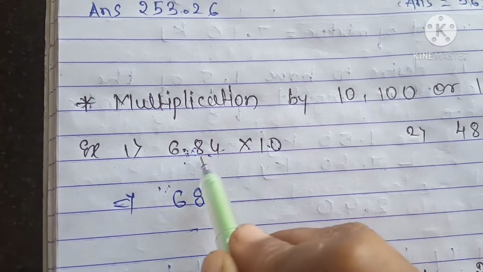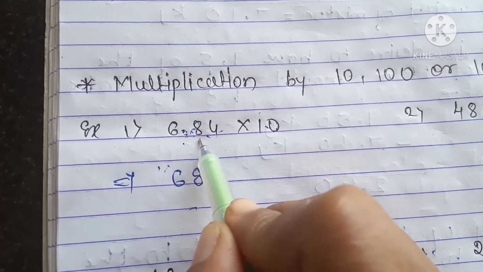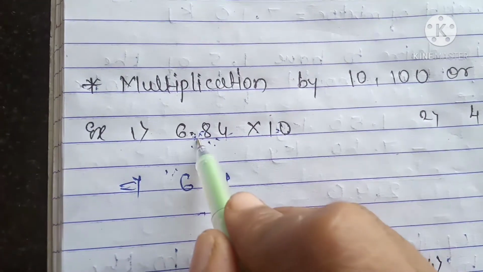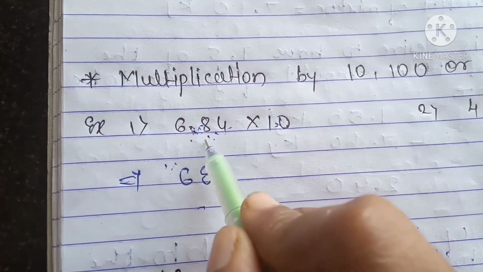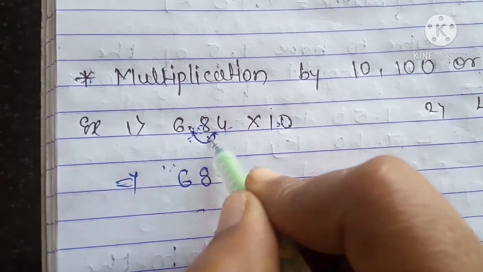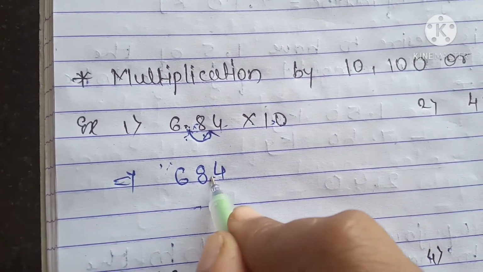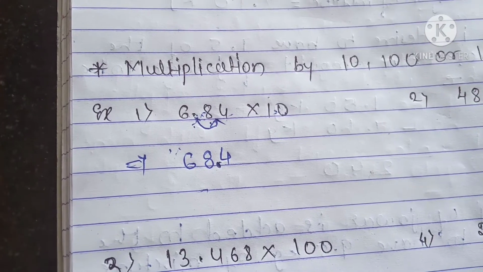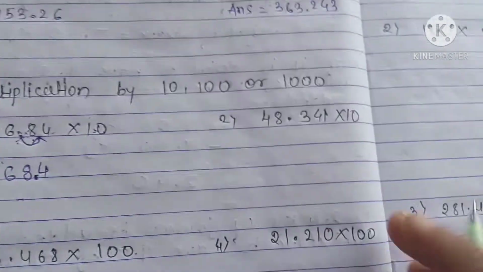If 1 zero, we have to leave 1 number. If 2 zeros are there, we have to leave 2 numbers. So only 1 zero is there and the decimal point is here. So transfer this decimal point here. So the answer will come 68.4.